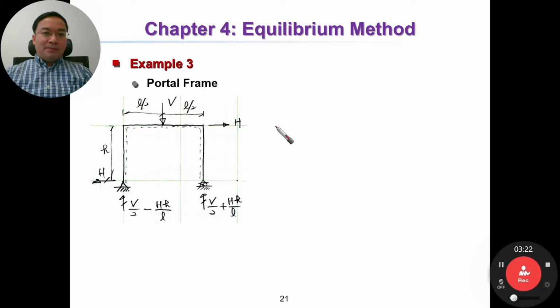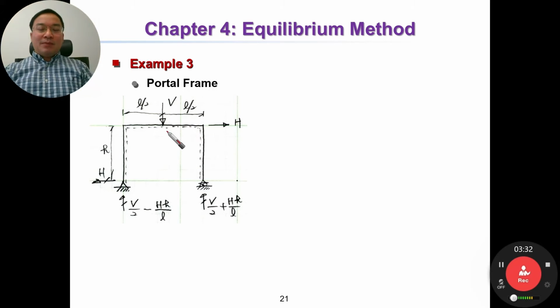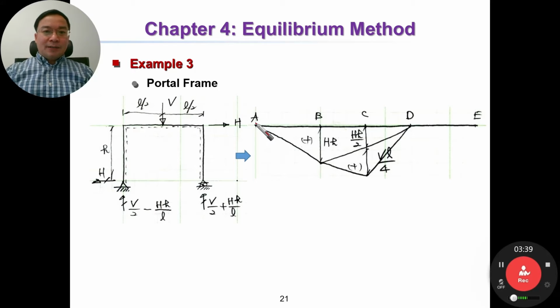For the upper part, it is due to the applied load only. We can plot the moment diagram of this frame like this. So just make the portal frame straight.